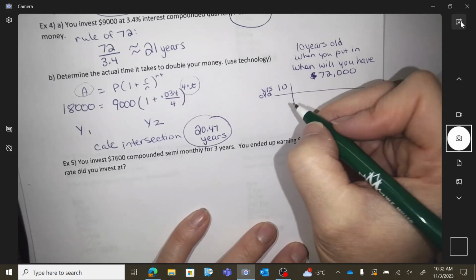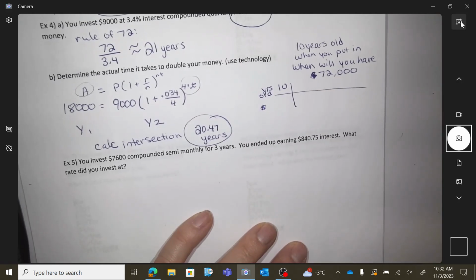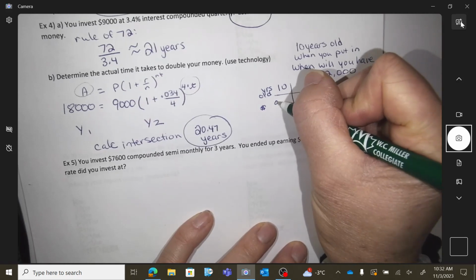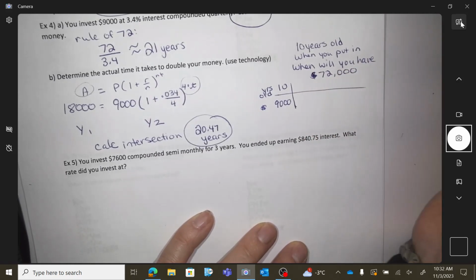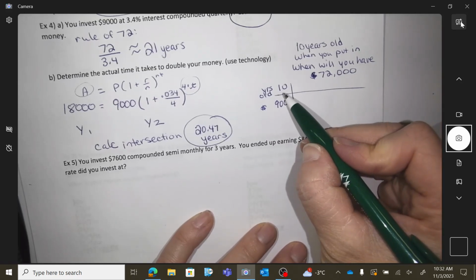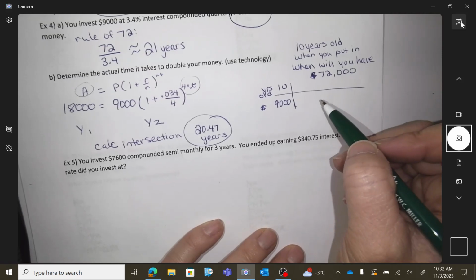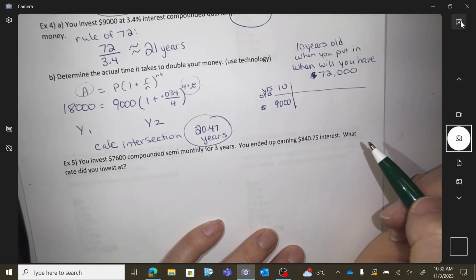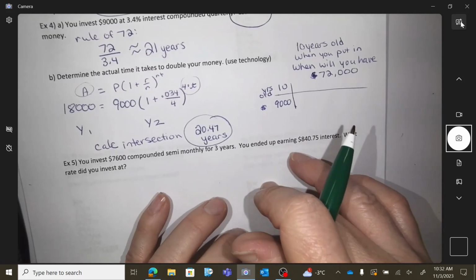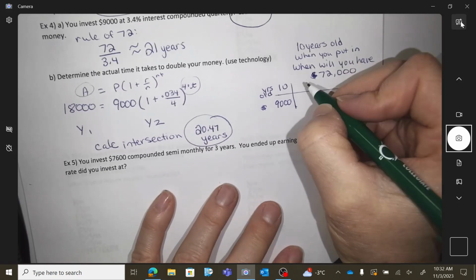Okay, so when you were 10 years old, how much money did you put into the bank? $9,000. Okay, it took me 21 years to double my money. How old am I right now? 21 years later, 31.